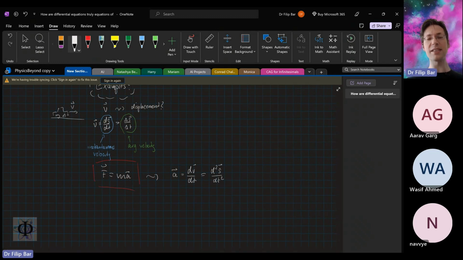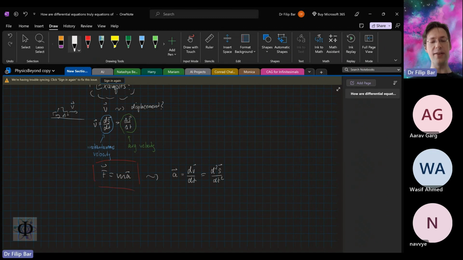Well, the reason is because forces come from interactions between objects. This is where the physics happens, right? And Newton said, whenever there's physics happening, there is acceleration, a rate of change of velocity. And that means if you know what interactions are happening, then you can predict how an object should be moving by solving this differential equation.